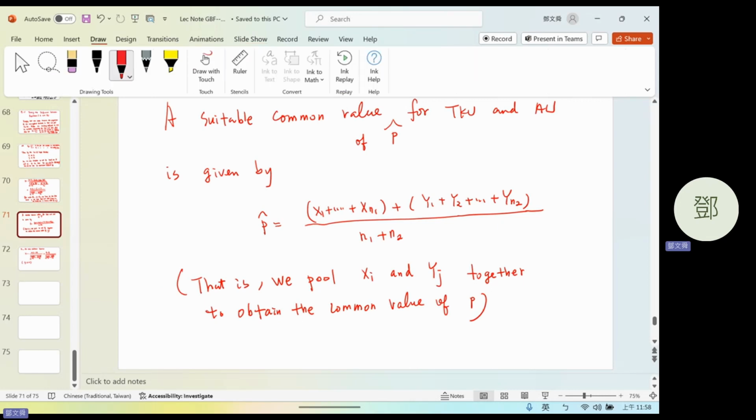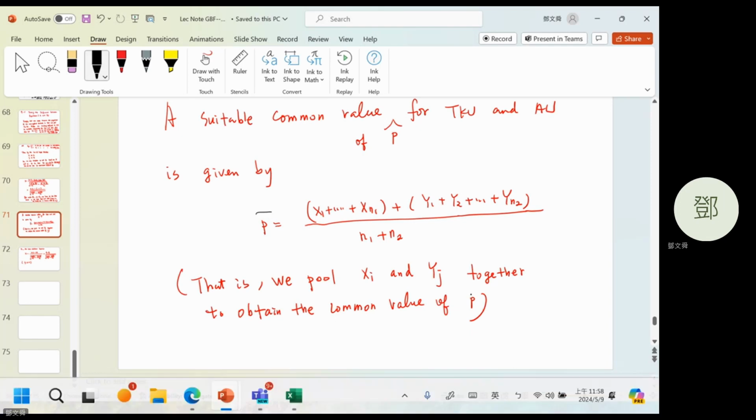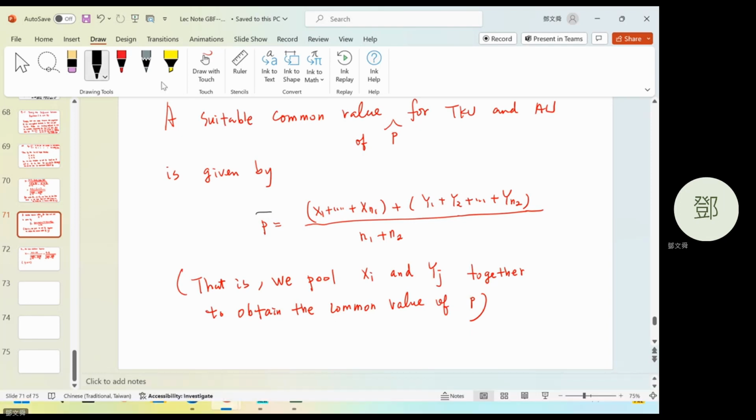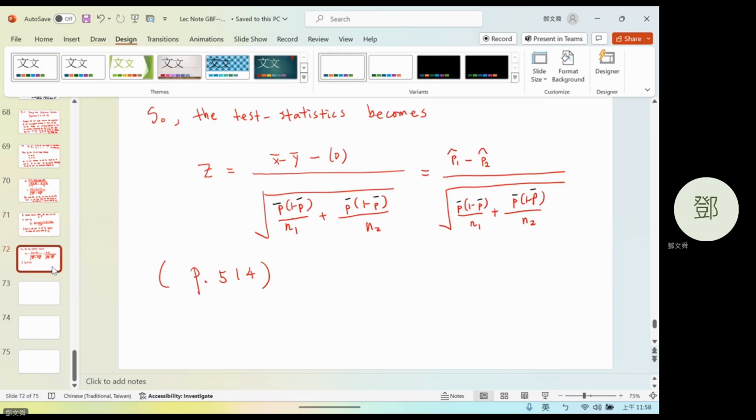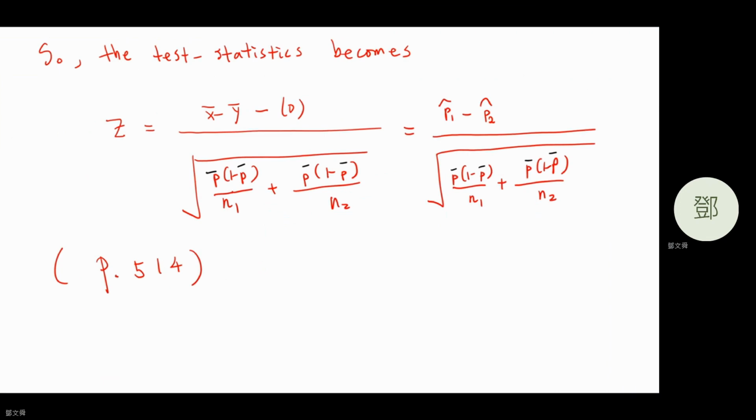And Z equals P1 hat minus P2 hat, divided by the square root of P bar Q bar times (1 over N1 plus 1 over N2). Same thing. So that's the formula in your textbook.